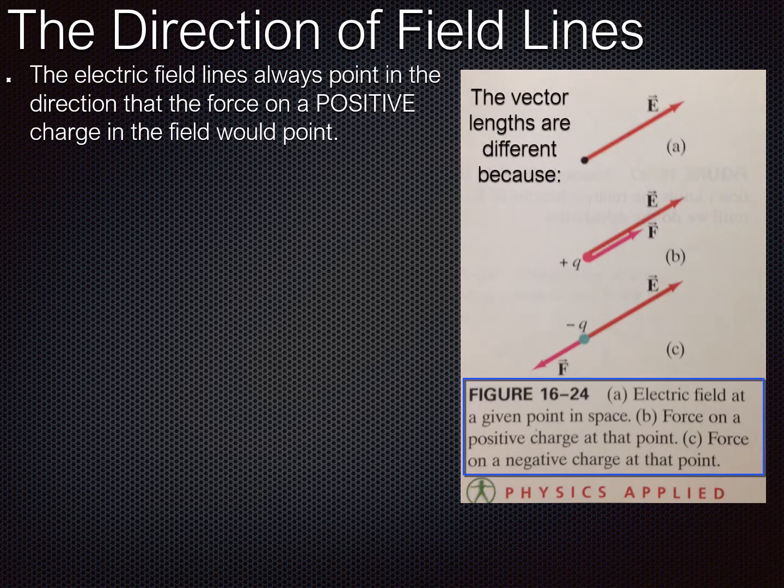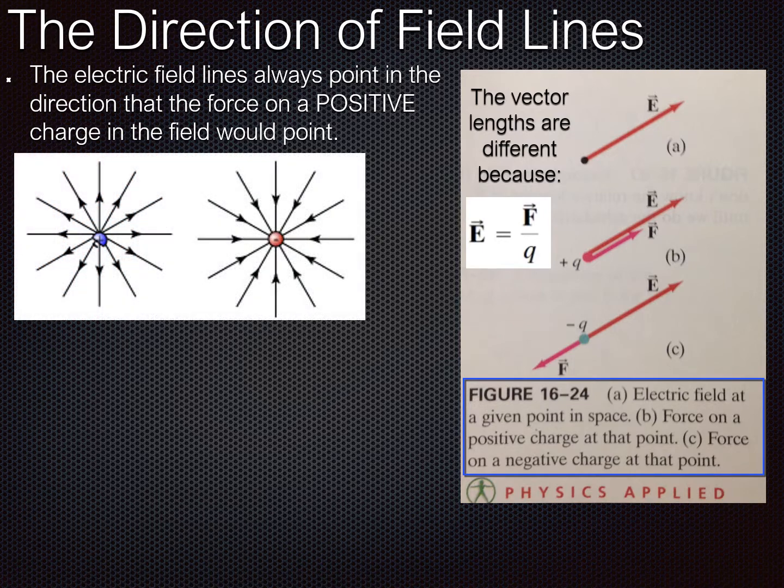Now, the vector lengths of the electric field and the electric force are different because the electric field is, remember, defined as the electric force divided by the charge. Or in other words, the force is equal to the charge times the electric field. So we could say F is equal to Q times E. This is kind of like the gravitational force, if you remember when we said F equals mg.